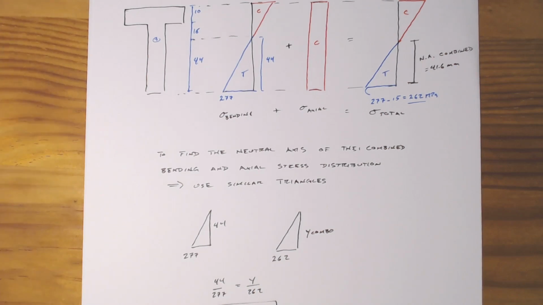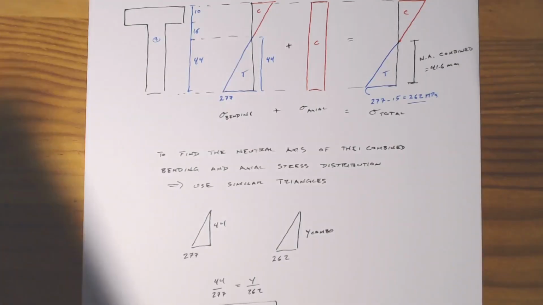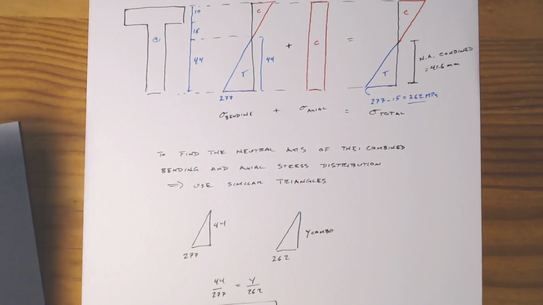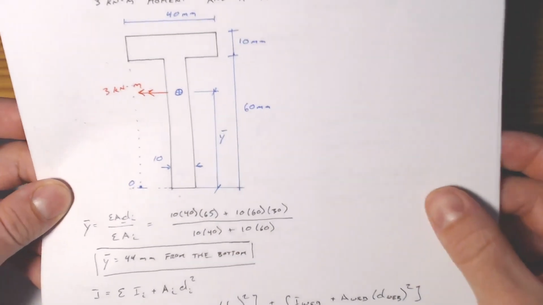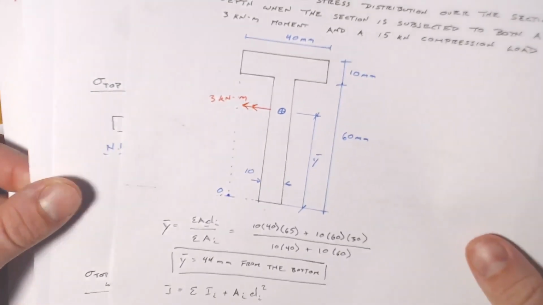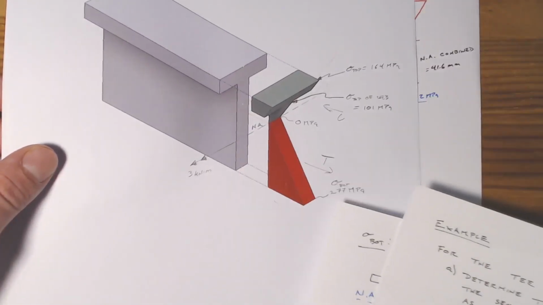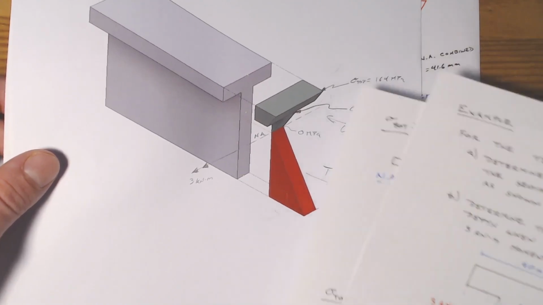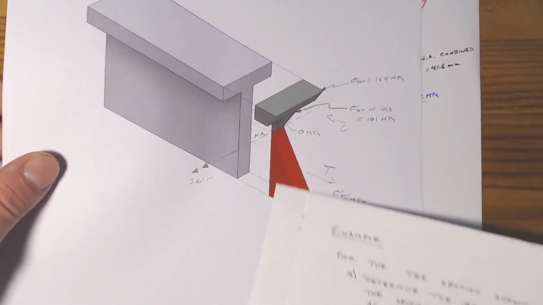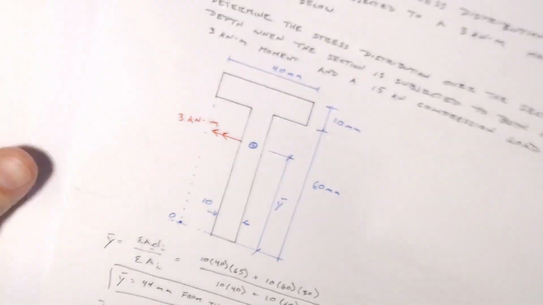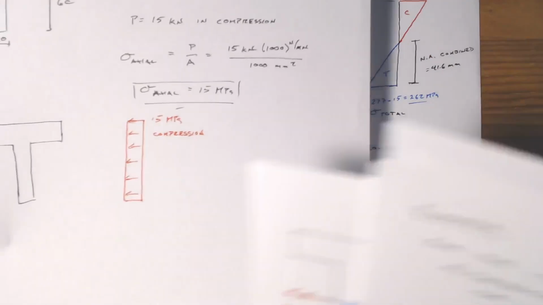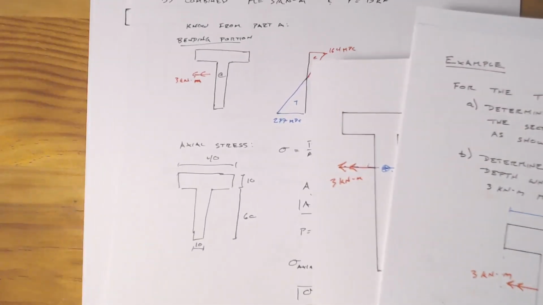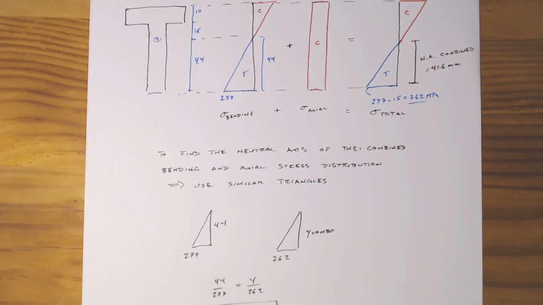So now in that video, just as a quick recap, we were able to go from working out what our bending stress is for a non-symmetric section. And through that, we saw that we're going to have different stress at the bottom than we are at the top, because the bottom is further away from the neutral axis. And then if we want to account for the combined bending and compression stresses, all we have to do is add those two stress distributions up.